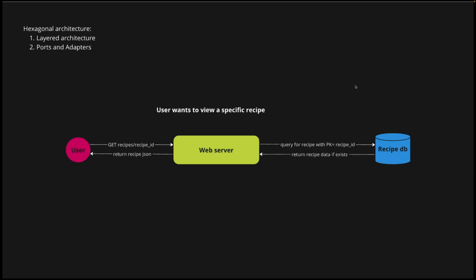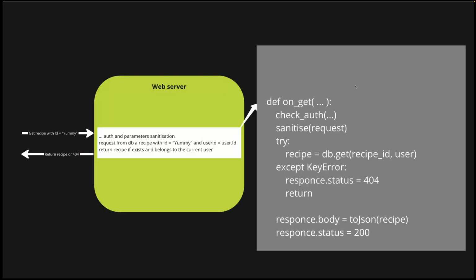If we now conceptualize a bit and look at the logic of the web server, what we can see is in the middle, in this green web server box, as soon as we get the request to get the recipe with the ID, let's say yummy, first, of course, we need to do stuff like authorization, authentication, parameter sanitization, all of that kind of really important stuff which has nothing to do with our logic.